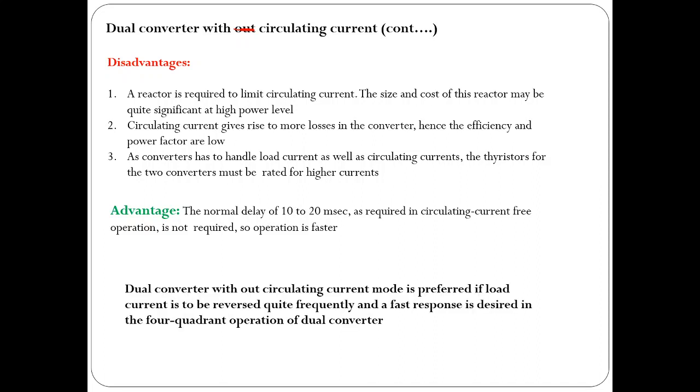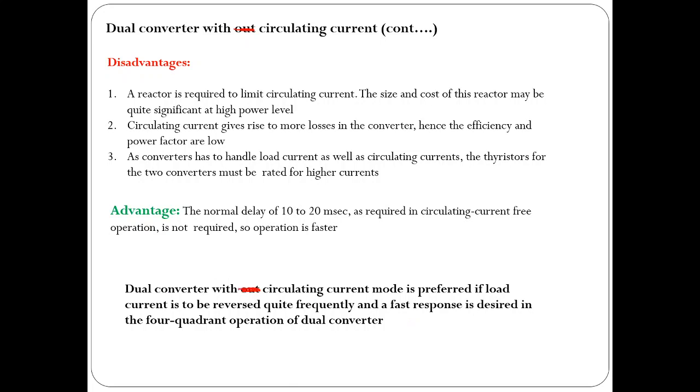In spite of these disadvantages and demerits, the dual converter with circulating current mode of operation is more popular. In fact, it is preferred when the load current is to be reversed quite frequently and a fast response is required. In that case, it is recommended to use a dual converter with circulating current.